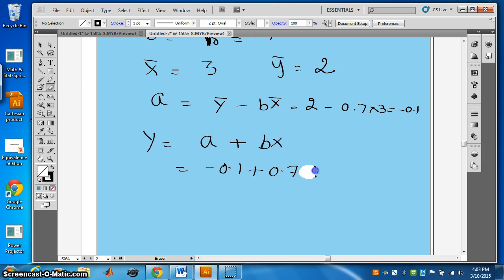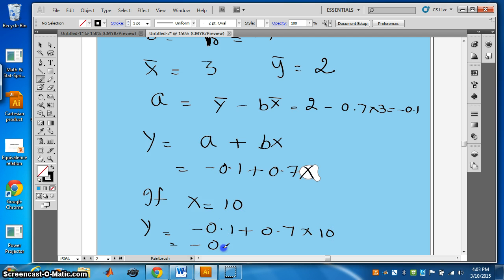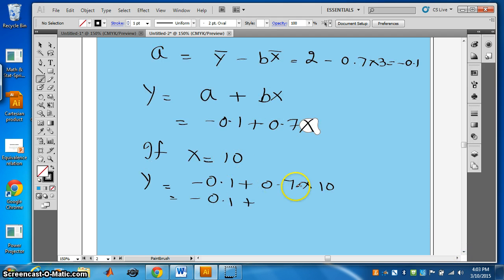If x is 10, what is y? Just substitute x as 10: minus 0.1 plus 0.7 multiplied by 10. Multiply this, you will get 7. So the answer is 6.9.